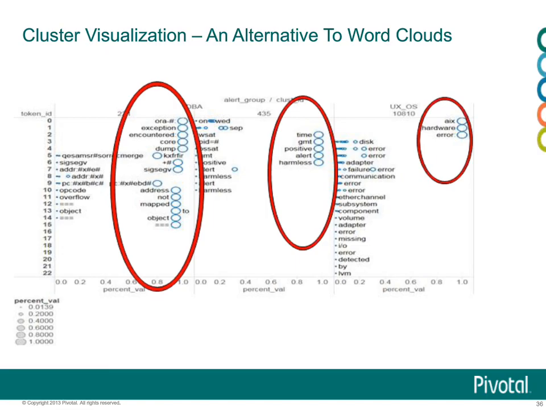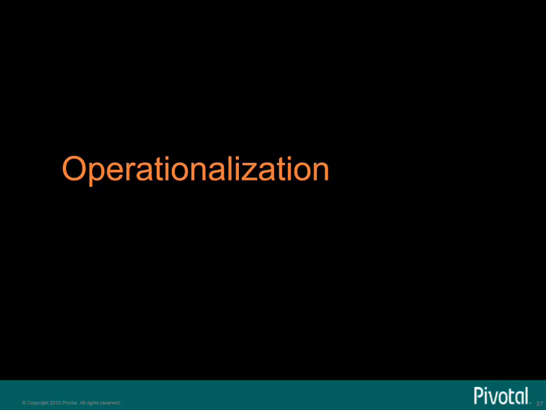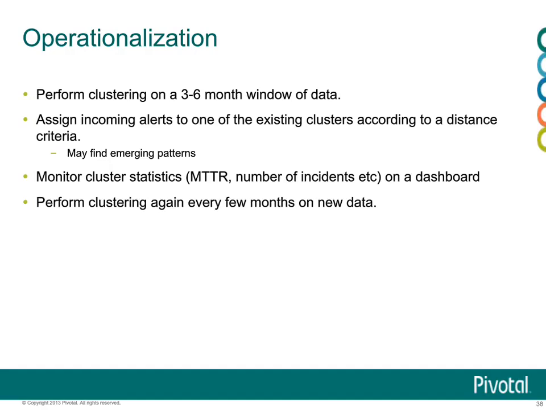Now let's talk about how this framework can be operationalized. We basically first perform the clustering operation on a 3 to 6 month window of data, like we did in this case. And then for every day, as the alerts are coming in, you assign the incoming alerts to one of these clusters based on a distance metric that you compute to the centroid of each of these clusters.